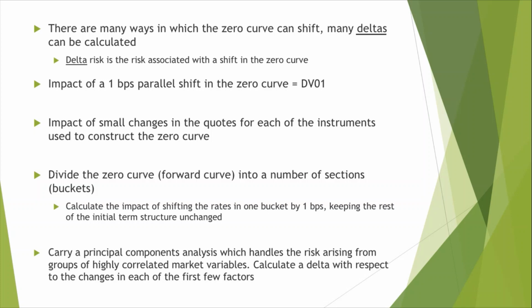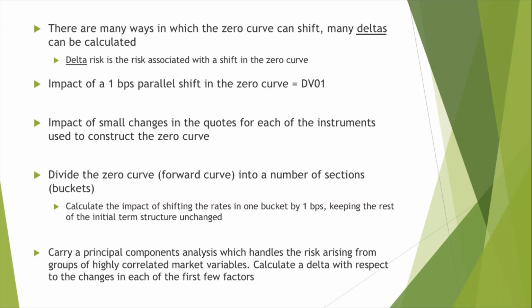The first one is to calculate the impact of a one basis point parallel shift in the zero curve. This is also known as the dollar duration. The second one is to calculate the impact of small changes in the quotes for each of the instruments used to construct the zero curve.